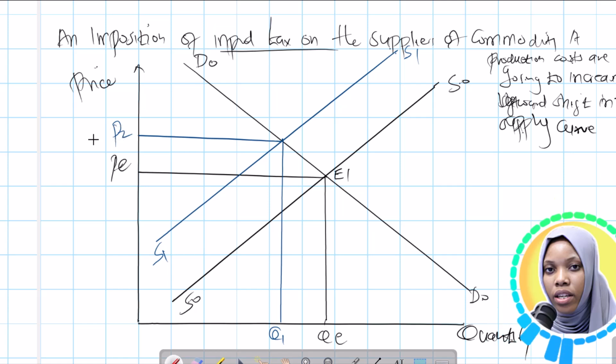So the price of the good is going to increase and the quantity is going to decrease. That is the effect of input tax on the suppliers. I'm going to call this point E2.